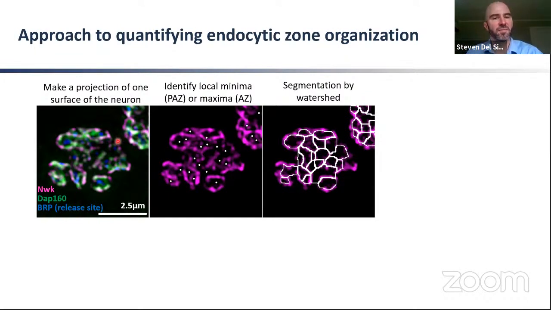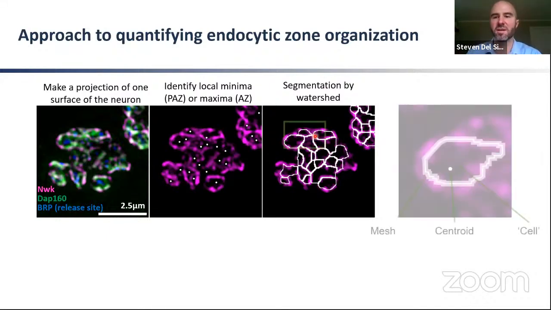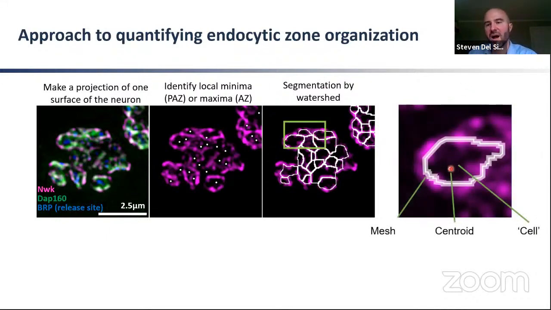And so to try to overcome that barrier and get some more granular quantitative information about how these proteins are distributed at synapses, we developed this method where we look at one surface of the membrane, then we identify local minima in intensity, so basically the dark spots within the mesh, and we fill that in by watershedding and get this segmentation where we can look at this meshwork and ask questions such as, how are these cells, or what we're calling cells, distributed across the synapse?